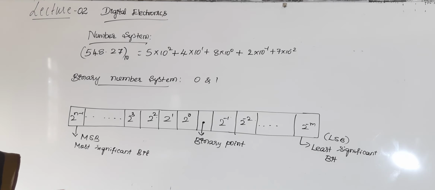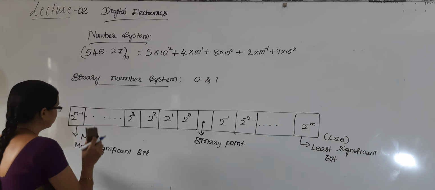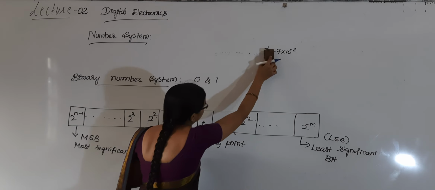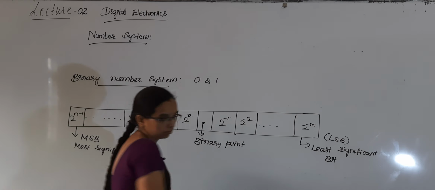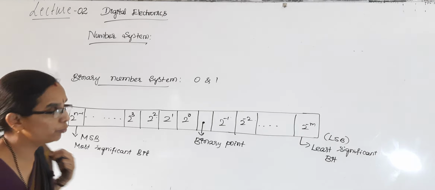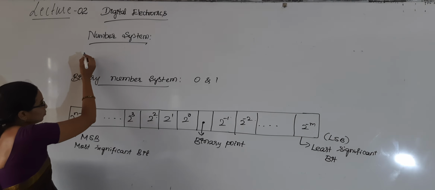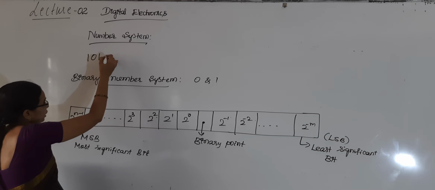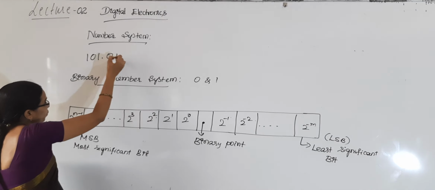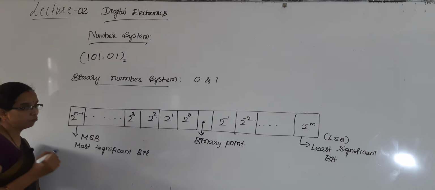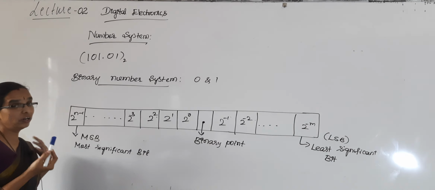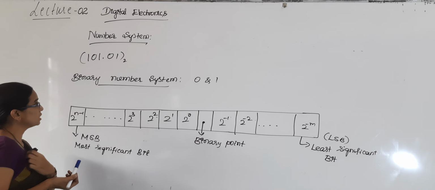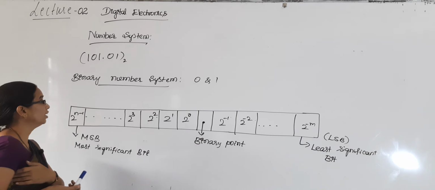Okay. In binary number system, if you want to represent any number, something like 101.01, you should not read it as one hundred one point zero one, you should read it as one zero one.